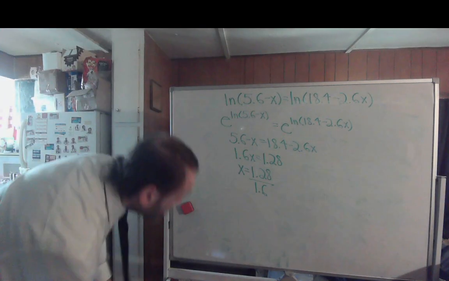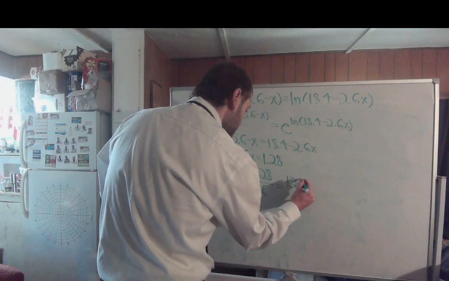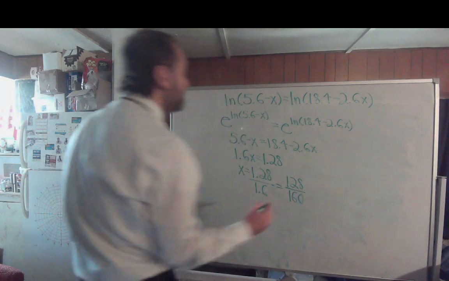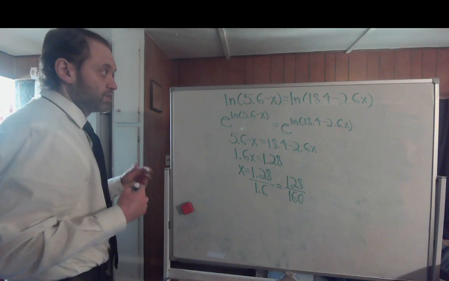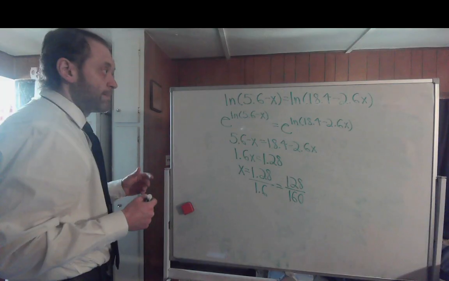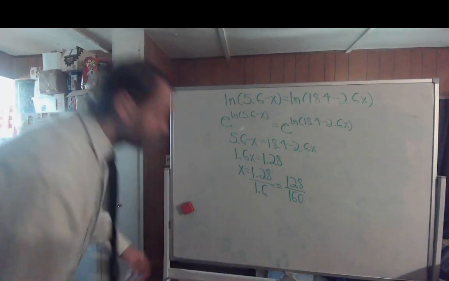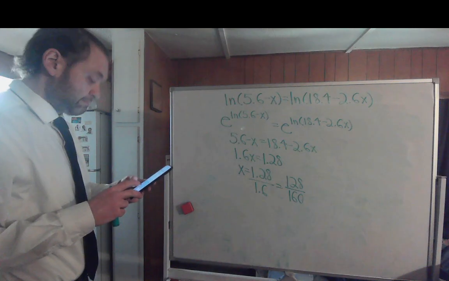Which would be the same as 128 over 160, because we want to try to get rid of that decimal. So what is 128 over 160? Well, let's see. It's not even going to be 1. But let's simplify this.